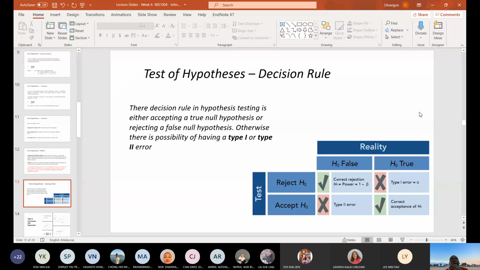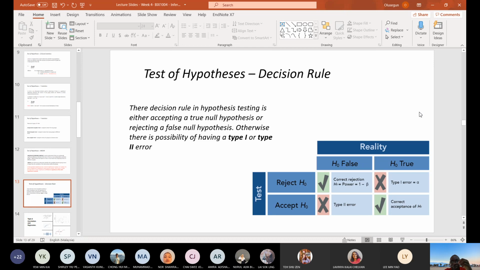I want to look at a statement that we all know could be false. So let's see: an underage will not be allowed to drive in Malaysia.